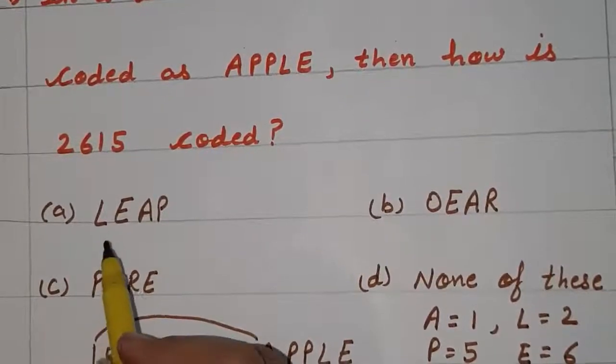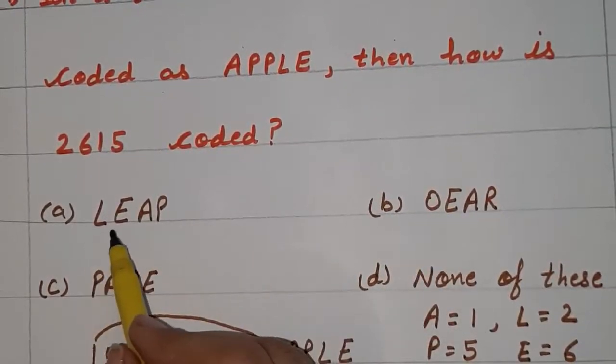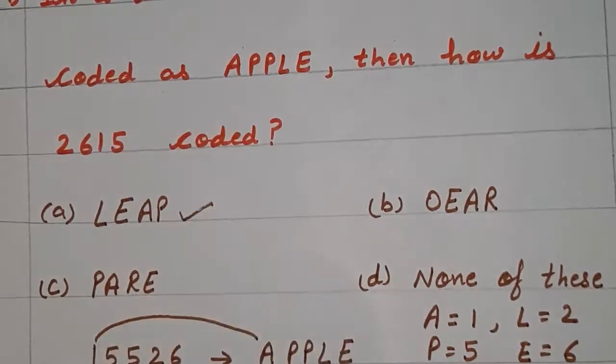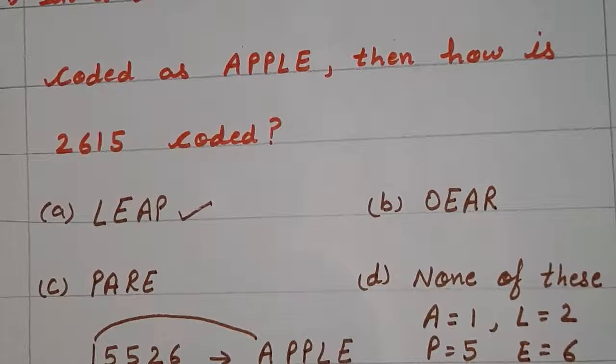Check in our answers in these options. First option is LEAP. So what is our answer? Option A. In this way you will do number coding.